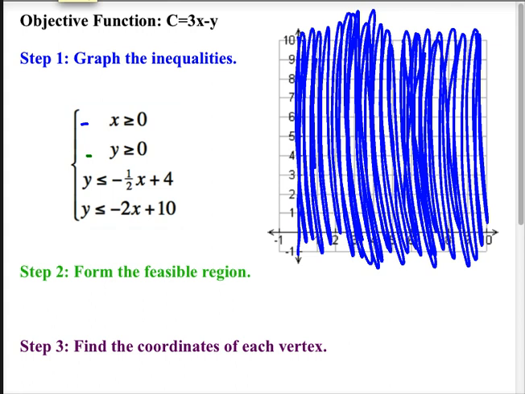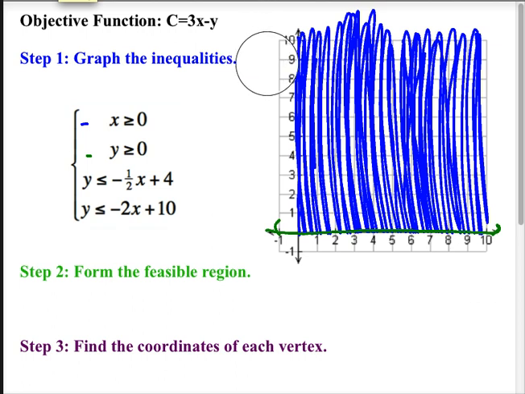Y greater than 0, a horizontal line. And if I want everything greater than it, means I don't want what's less than it. So I'm going to erase this little part down here. So essentially all that's done is identified that we're looking for the first quadrant.